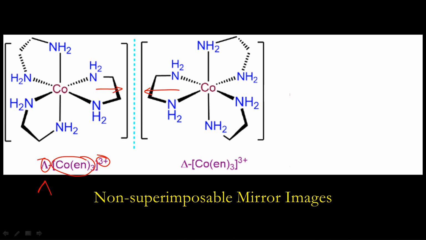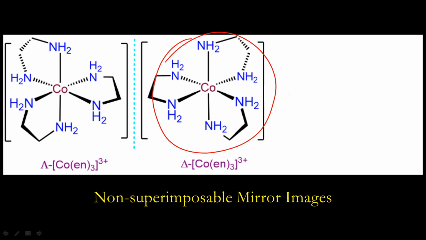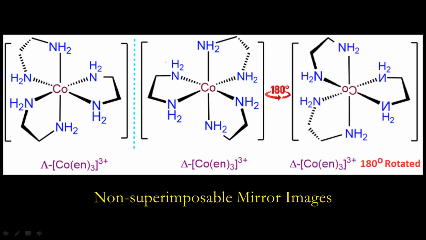Now suppose you rotate it by 180 degrees. This mirror image, when you rotate it by 180 degrees, what will happen? Then it will look like this. And try to understand why it is so. Because when this is away from us, and you rotate it here, it will be towards us. Isn't it?